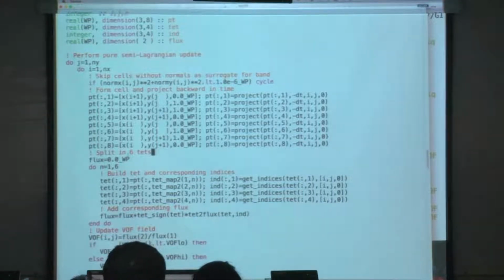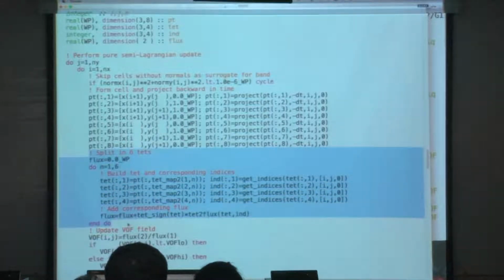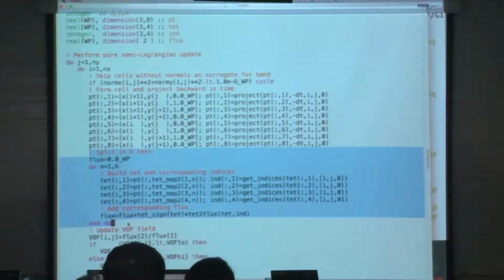To simplify the representation of that object, I'm going to split it as a sum of 6 tetrahedra. In the realm of a pure 2D mesh, I have a square, and to split a square into simplices, I will just cut it into 2 triangles. I'm doing the full 3D version of that.